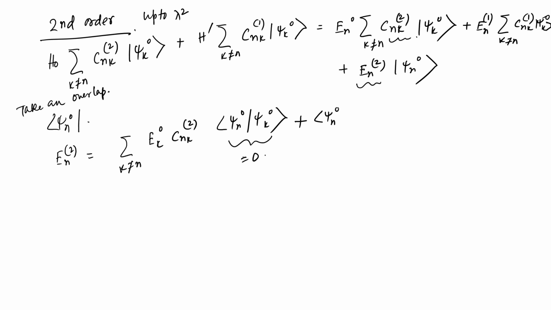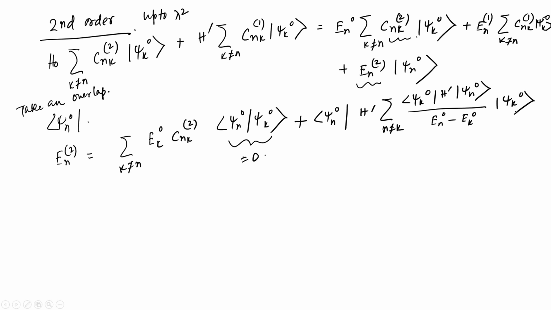psi n 0 h prime, and now we put in these values of C n k 1, which are psi k 0 h prime psi n 0 divided by E n 0 minus E k 0. We have already assumed that n is not equal to k, so the denominator is never going to blow up, and we have psi k 0.